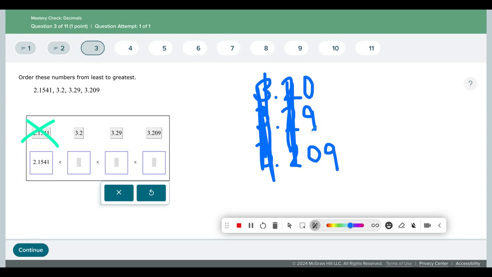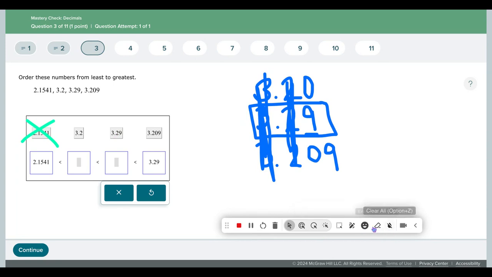Absolutely. So this is my 9. It's showing me that the 9 is greater than zeros, right? So this is the largest number out of all of them, the greatest. So I can automatically go through and fill that one out now. 3 and 29 hundredths is now my largest number over here, okay? So again, woohoo, I get to just cross that out and be done with it, right?